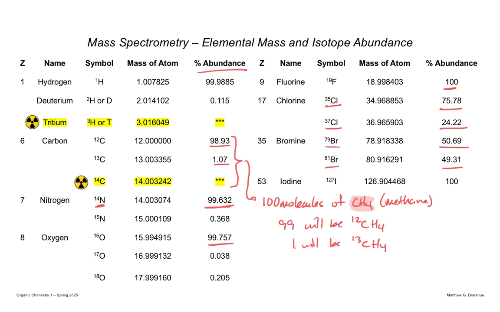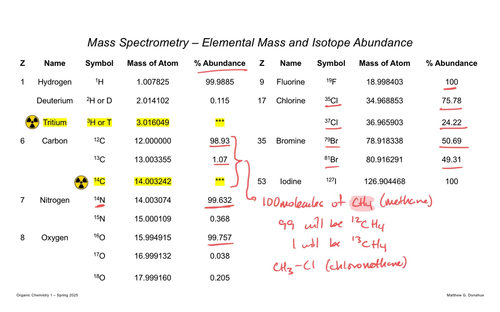To put that into conceptual terms, say you had, instead of methane, chloromethane.